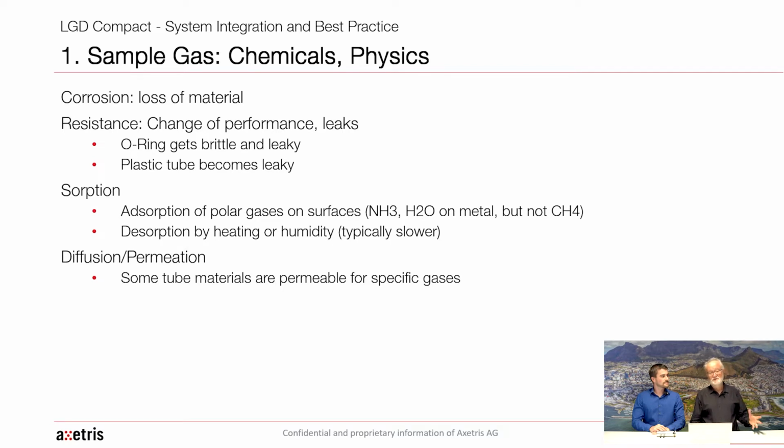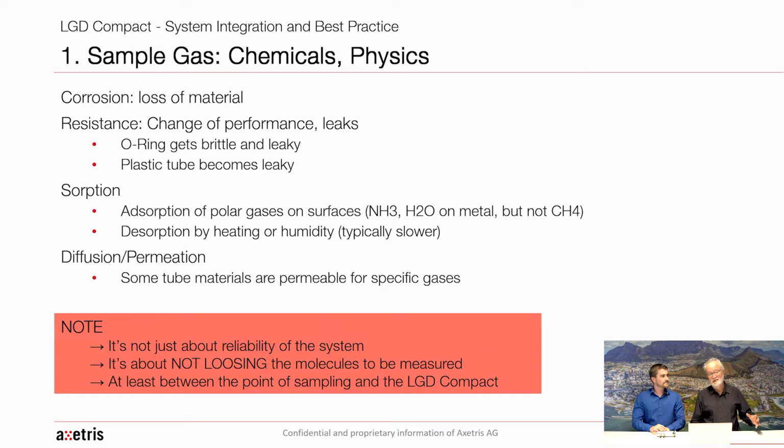Now, the most important thing about all this, note very well, it's not just about the reliability of the system or destruction of some parts. When there is interaction between the gas and the system, you will lose some of the molecules, so you will not measure the real sample gas you're interested in.